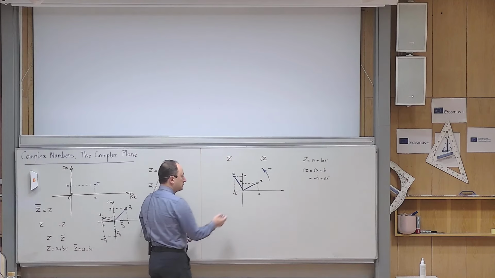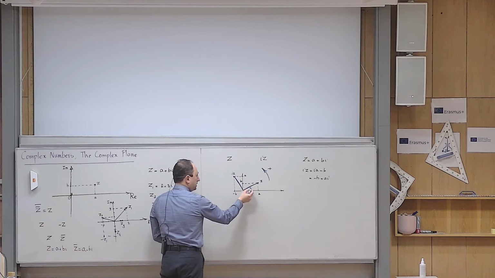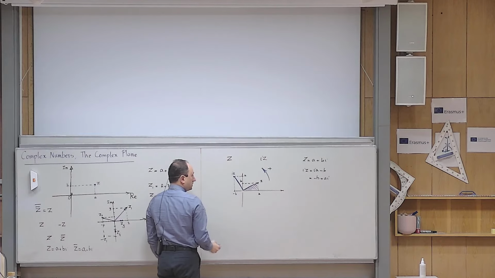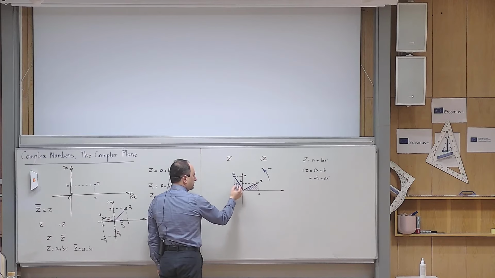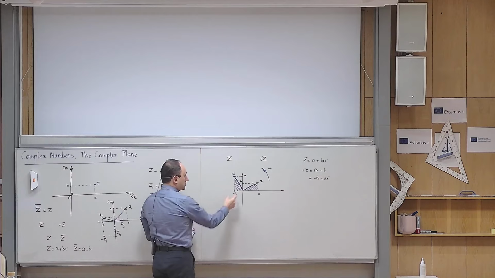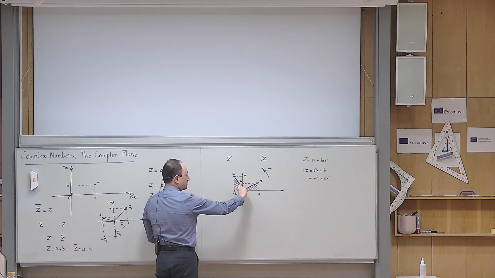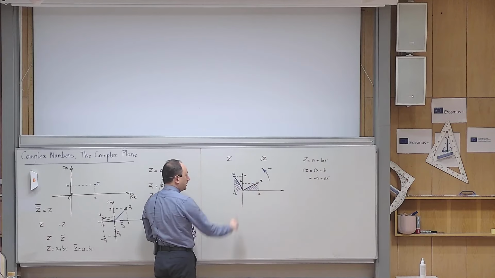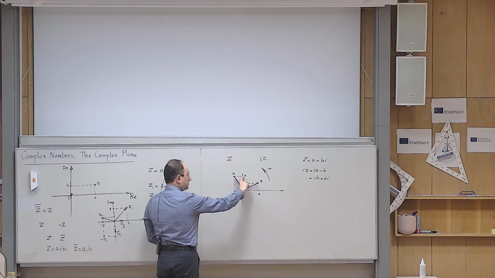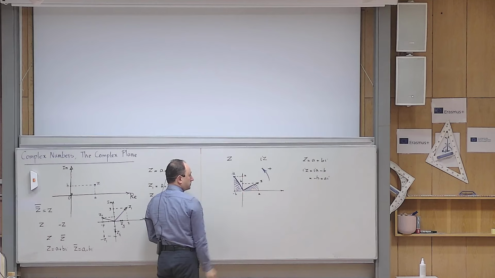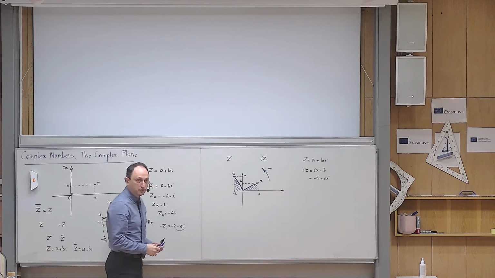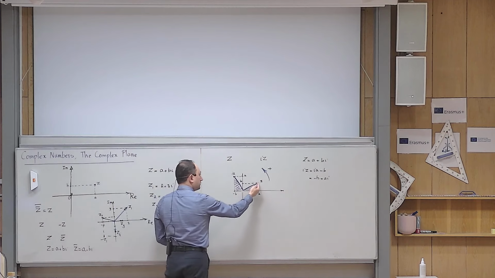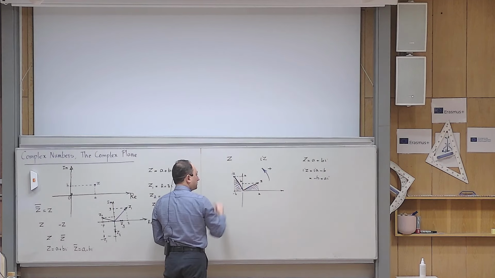It's very simple, because this triangle that you see here is congruent to this triangle that you see here. Why? Because this length by construction was equal to this length, which is equal to that length. And this length, by construction, is equal to this. So these two triangles are congruent. If they are congruent, the hypotenuse of one of them is equal to the hypotenuse of the other one.